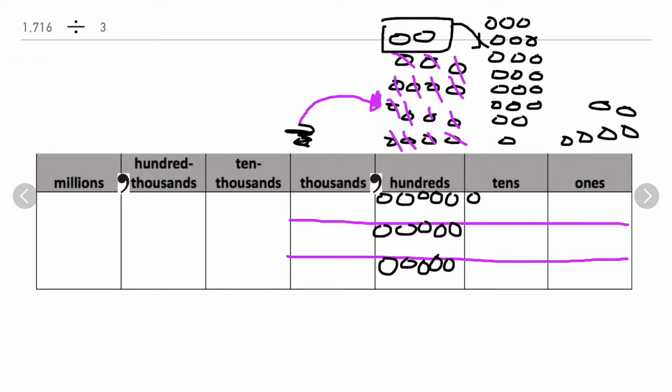Let's go ahead and distribute my tens. Don't forget to cross them out. We're almost there, you guys.